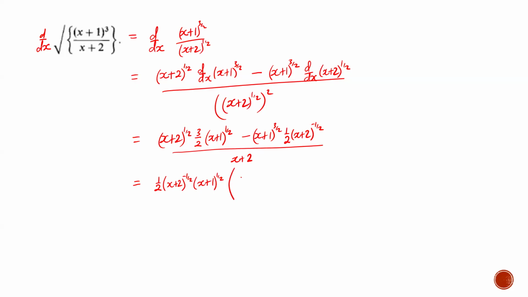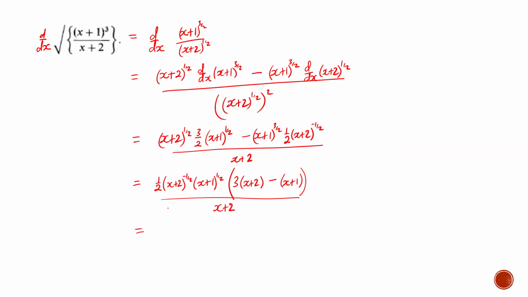So what we'll be left with on the inside, we'll have a 3 times (x plus 2) on this side minus, I believe this will be minus (x plus 1). And all this is out of x plus 2.